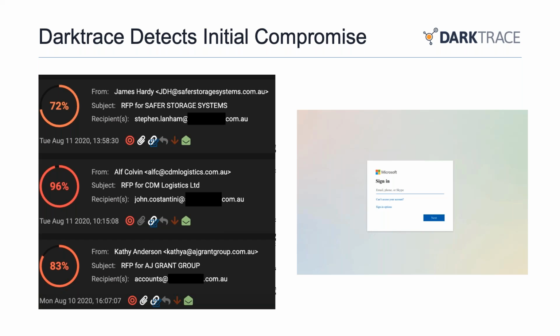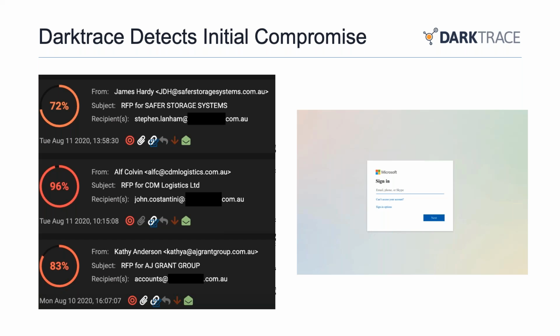There is existing communication. But there are aspects of this communication that are really triggering the AI to say, actually, these three emails are highly unusual. They're scoring at an anomaly of 72, 96, and 83%. And there are different reasons for this. Those different reasons can be unusual time of day.